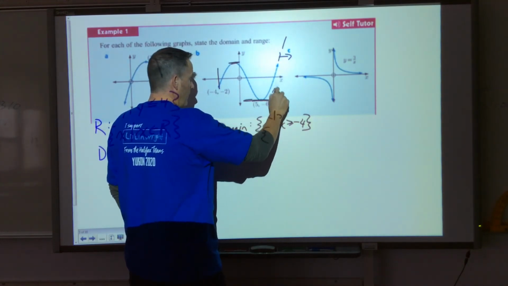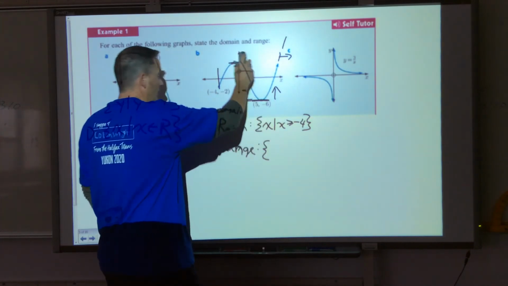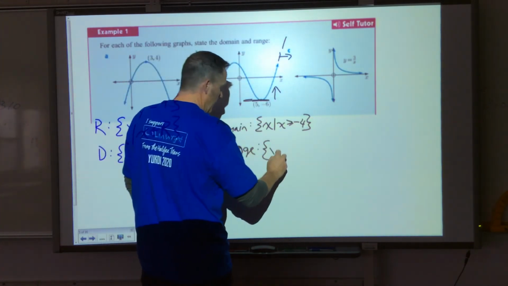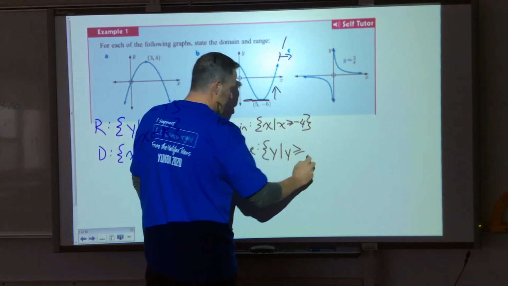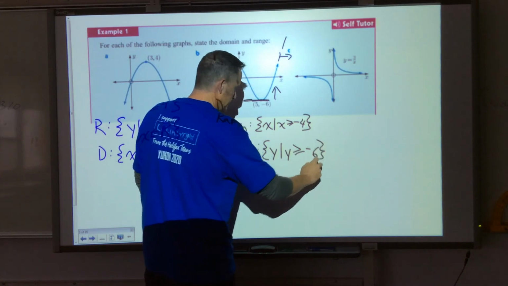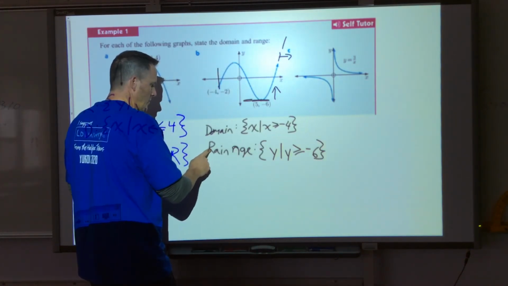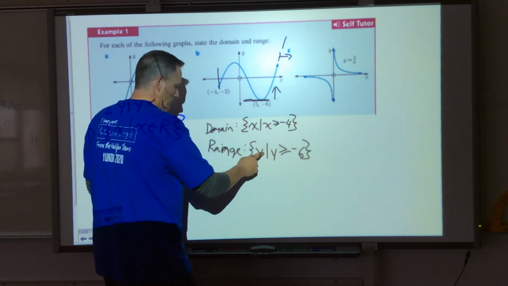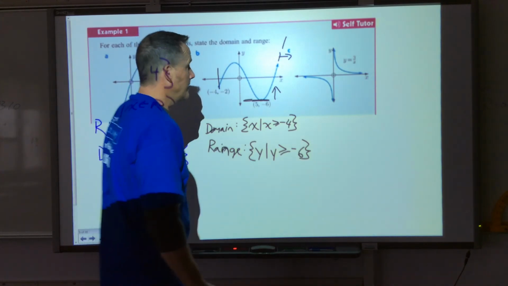All my values are above that. So I'm going to get rid of that because that's not a limit. So that means y is greater than or equal to -6. So I got to pay attention to what the graph is showing me. Like I almost messed that one up, which is not unheard of.